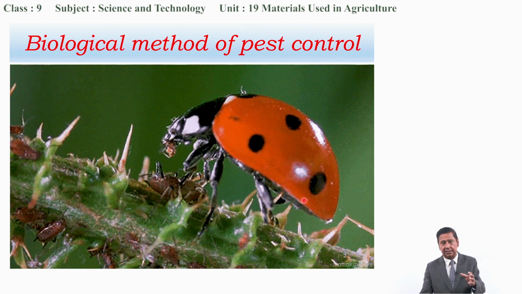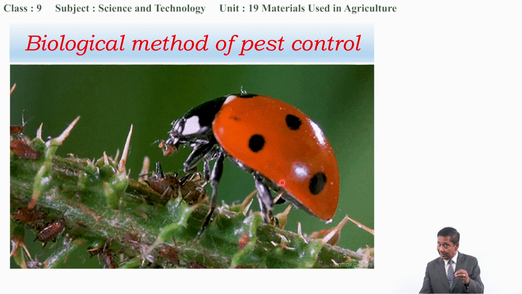Orchard means the gardens of fruits, and the fruits were destroyed by the scale insect, and that was controlled by using the Australian ladybird. They used this Australian ladybird for 2 years, and this ladybird took 2 years to eat and destroy all these scale insects. This is the biological method of pest control.